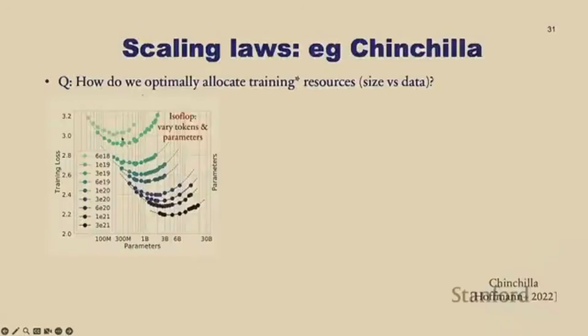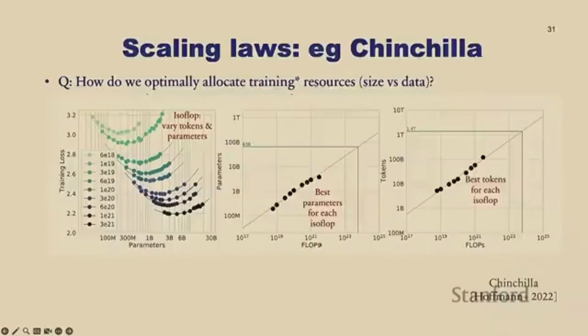Then you take the best one for each of those curves. Once you have the best one for each of those curves, you can plot how many flops it was, which curve you were on, and how many parameters you actually used for training at that specific point. You put that on the log scale again, and now you fit a scaling law again.